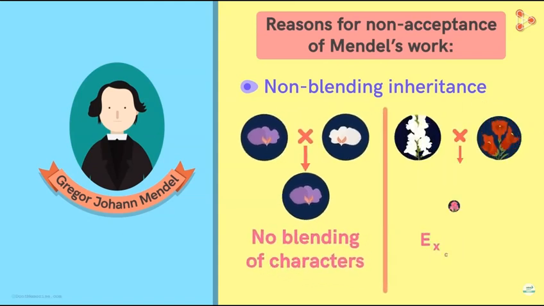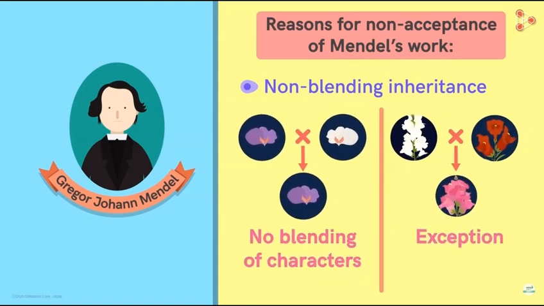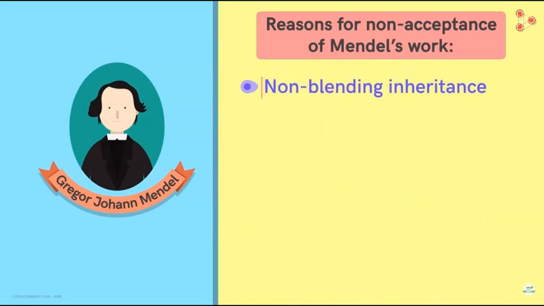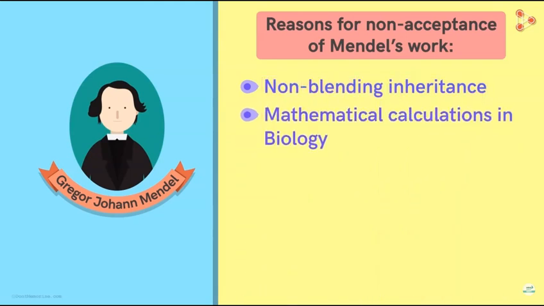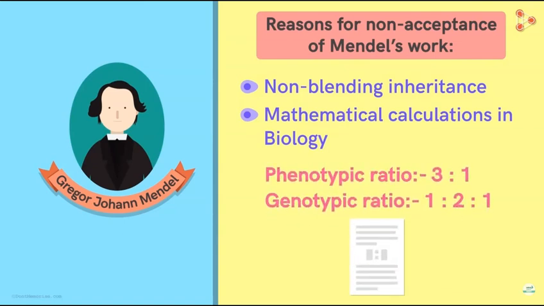However, the variations seen in organisms in general could not be explained by this concept of non-blending of characters. Secondly, Mendel introduced mathematical calculations to explain biological processes. He presented results in the form of ratios. At that time, mathematical forms of biological results were not easily accepted.